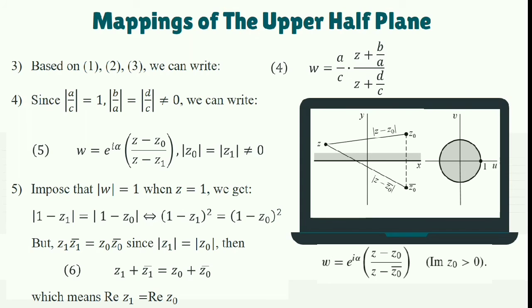But we have that z1 times the conjugate of z1 equals z0 times the conjugate of z0, since the absolute value of z1 equals the absolute value of z0. Then we have z1 plus the conjugate of z1 equals z0 plus the conjugate of z0, which means the real part of z1 equals the real part of z0.